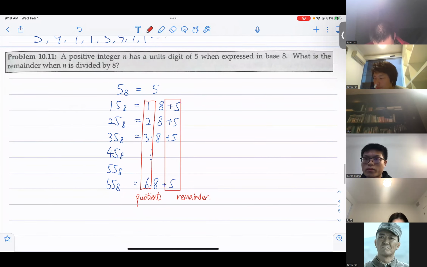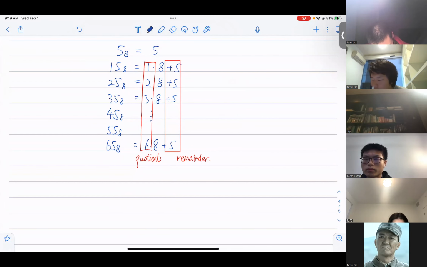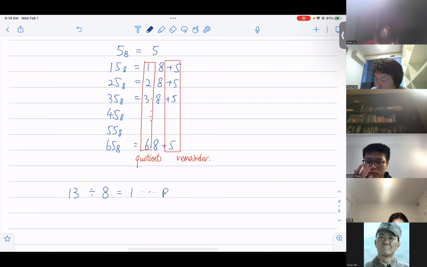Okay, to review this, let's go over what we call the division theorem. Say that you have 13 divided by 8, the quotient is 1, remainder is 5.